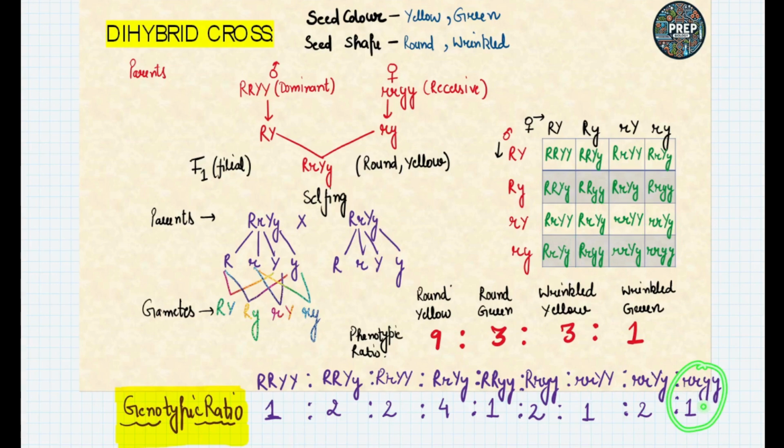And small rr, small yy, is 1. So this is the phenotypic ratio of the dihybrid cross, 9:3:3:1, and the genotypic ratio is 1:2:2:4:1:2:1:2:1. Okay, I hope this dihybrid cross is clear to you all.